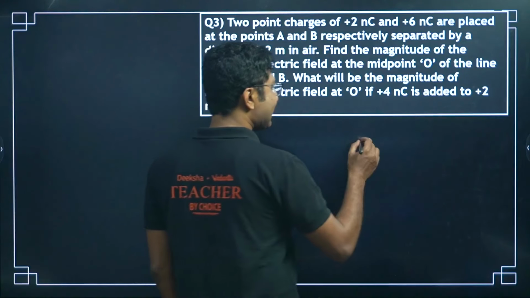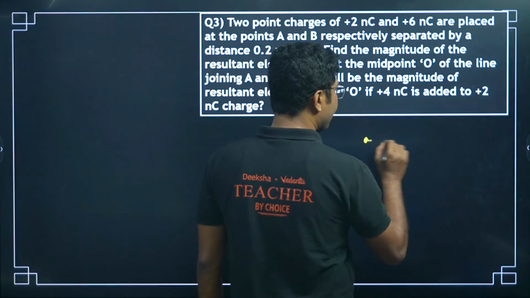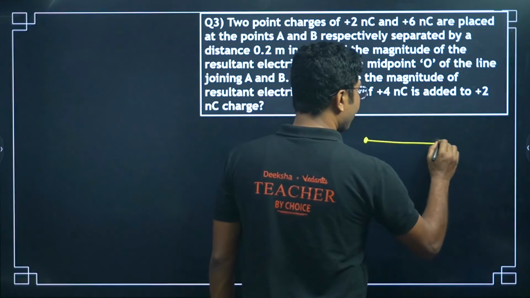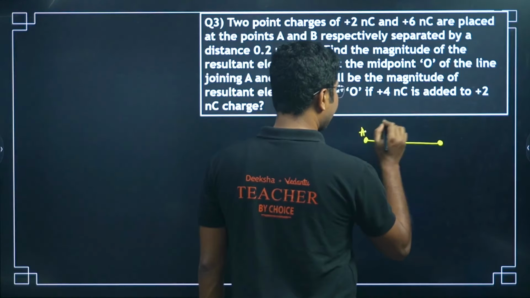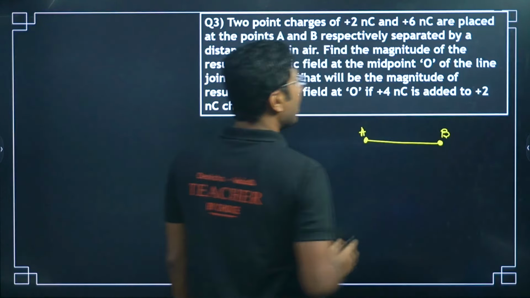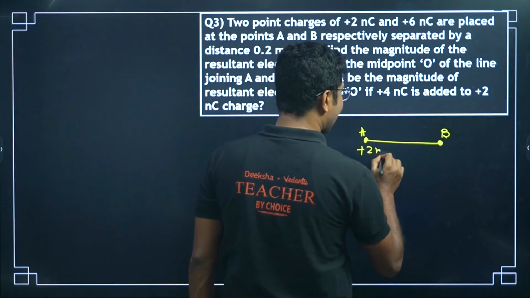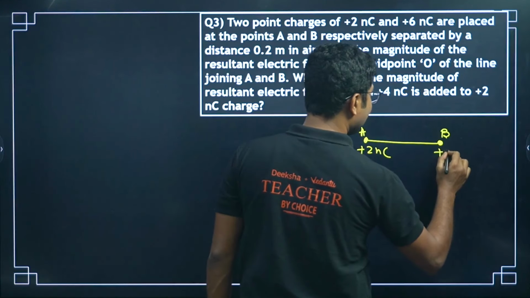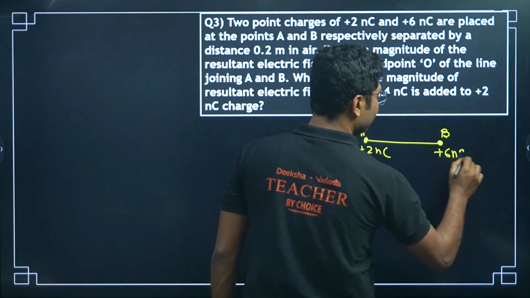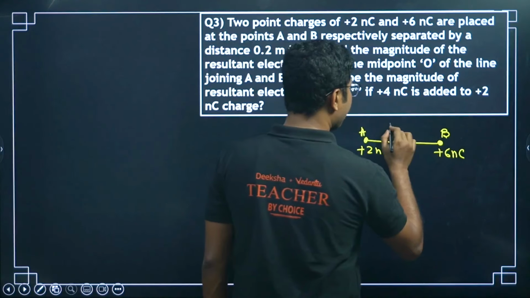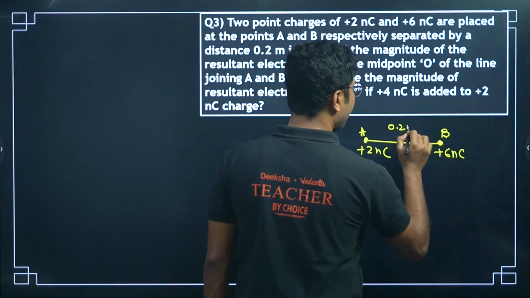The distance is already given in meter, so you don't need to convert it. Here we have two charges at points A and B. One is plus 2 nanocoulomb. As you can see, the diagrams are not super complicated, they are easy. The distance between them is given as 0.2 meter.